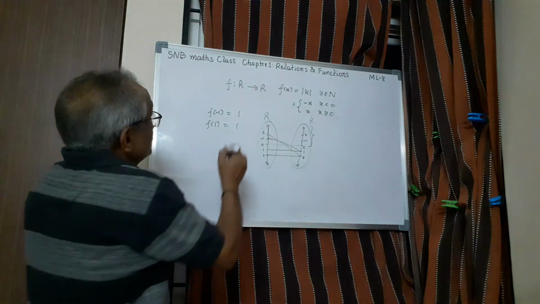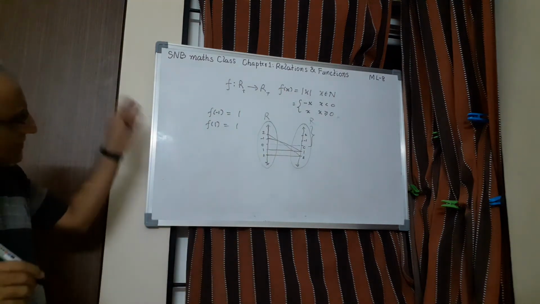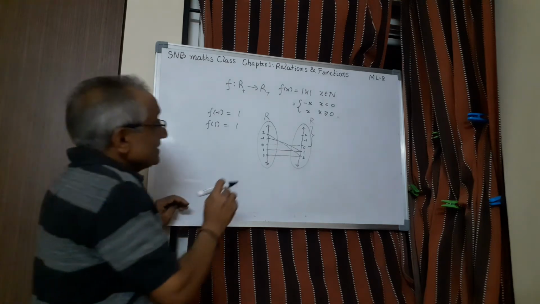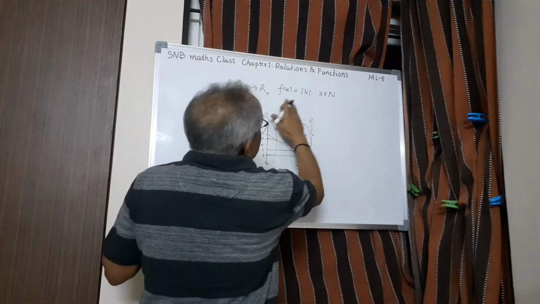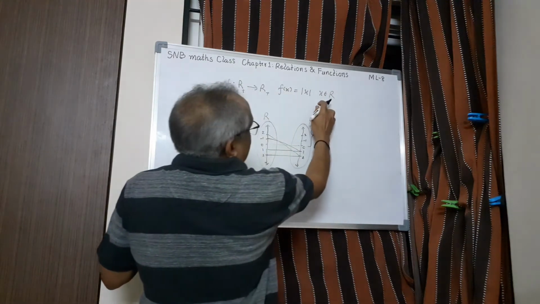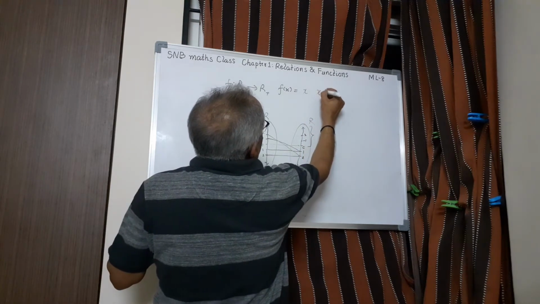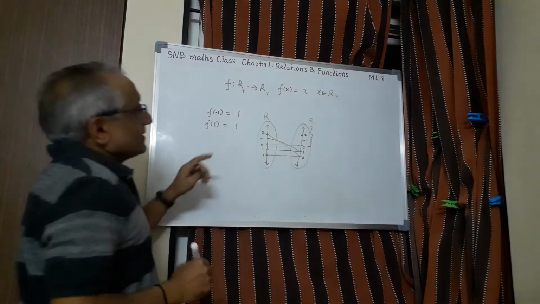Now, suppose you change the codomain to R plus, even including 0 also you can make. In that case, it becomes onto. So this will be x only, x belonging to R plus.